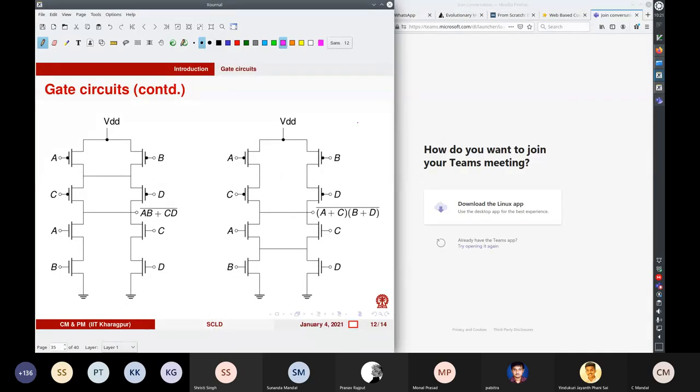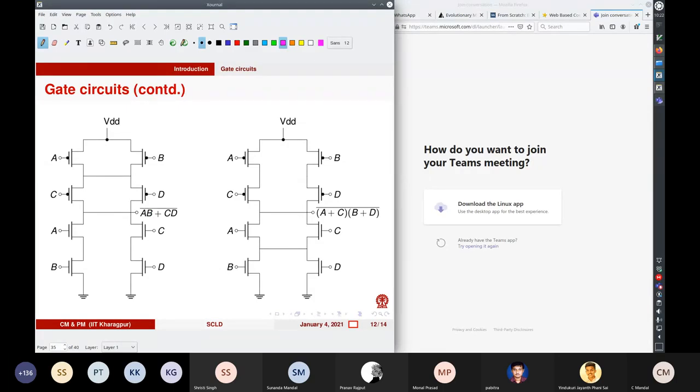So just see what you said. If you look at this, this is the function. What it says is that this is the AND-OR-invert gate.